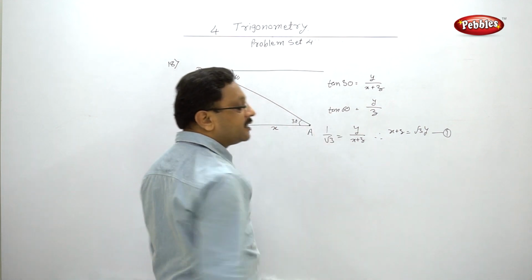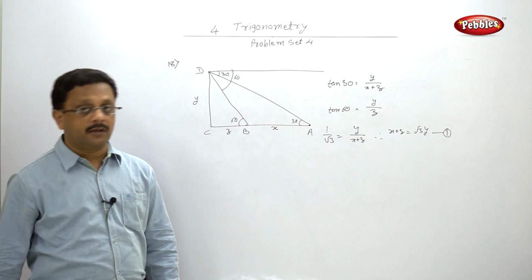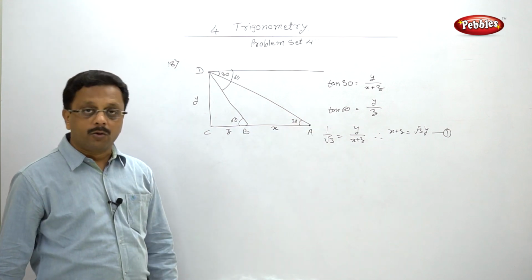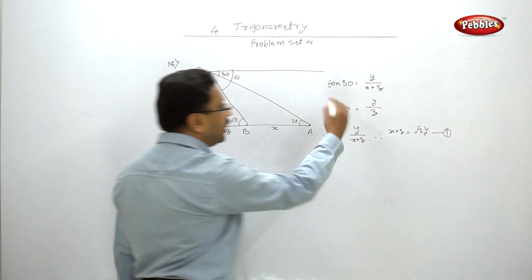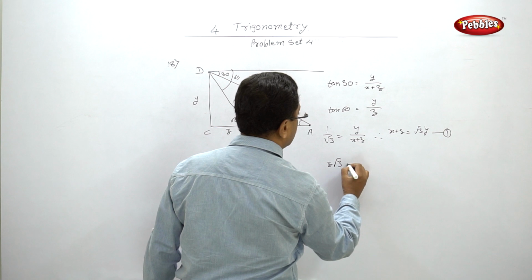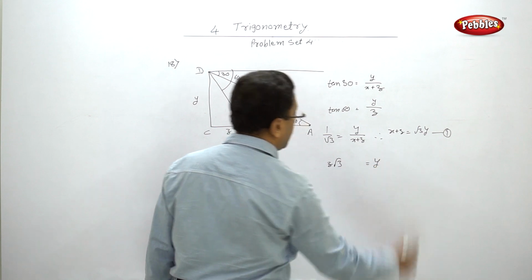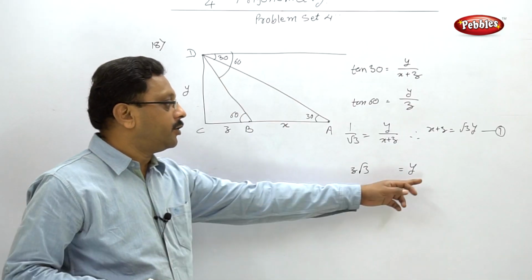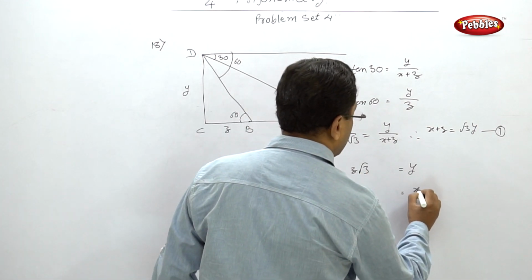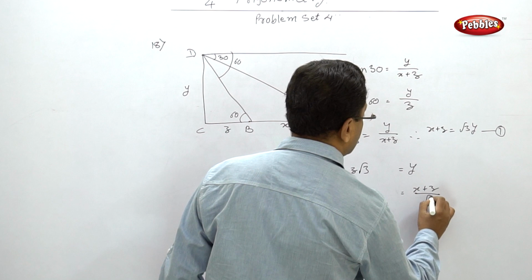And tan 60 is root 3. Correct? Tan 60 is root 3. So we have z root 3 is equal to y. Now can we substitute in case of y? y is nothing but x plus z upon root 3.